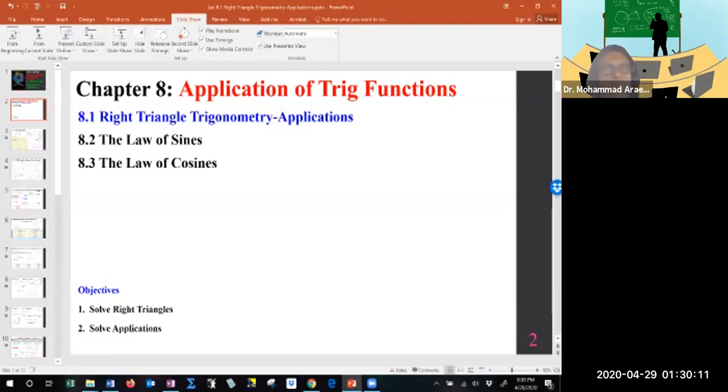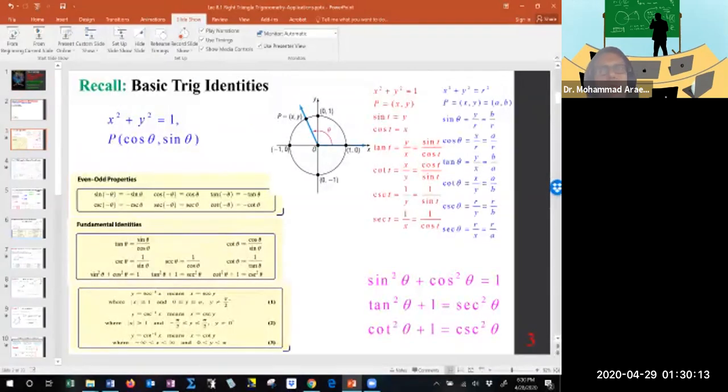To do so, we need to remember all the basic trig identities that we have studied, from fundamental trig identities such as Pythagorean identities, or even and odd properties, or the reciprocals, and you name it.